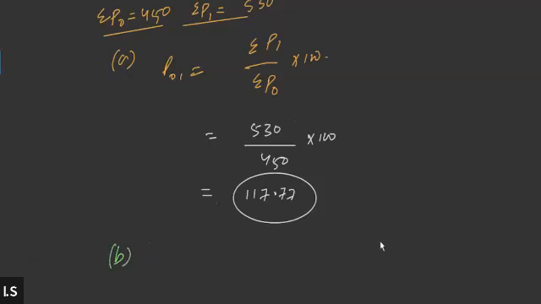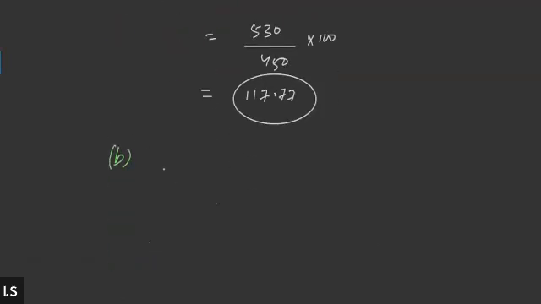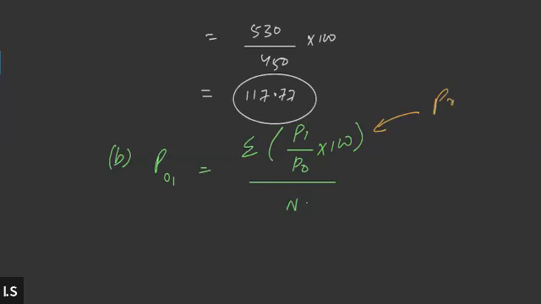Now we have to calculate the index number by the simple average of price relative method. In that case, we will apply the formula P01 equals sigma of P1 by P0 into 100, divided by the number of items. Pay close attention here. The numerator part of this formula is called the price relative, and we find the index number by averaging the price relative.